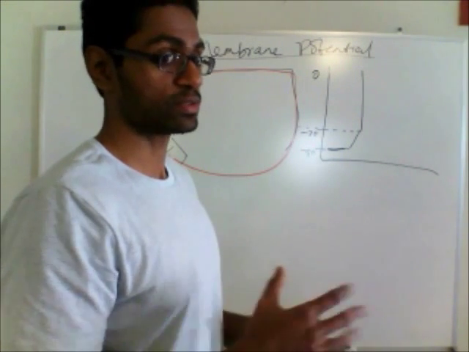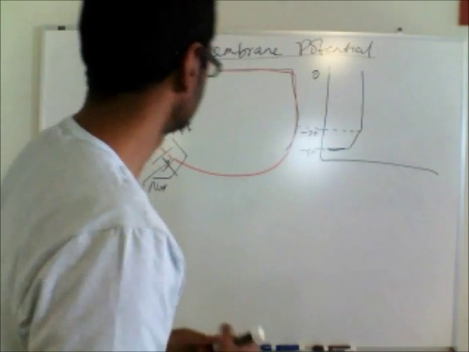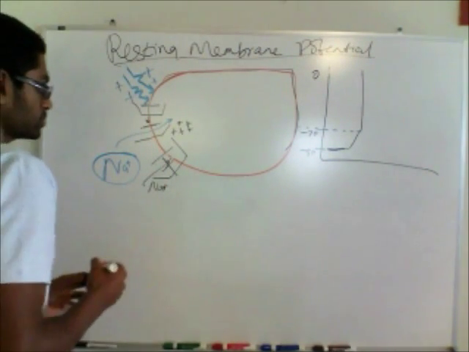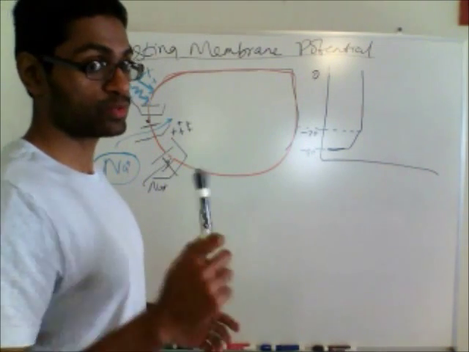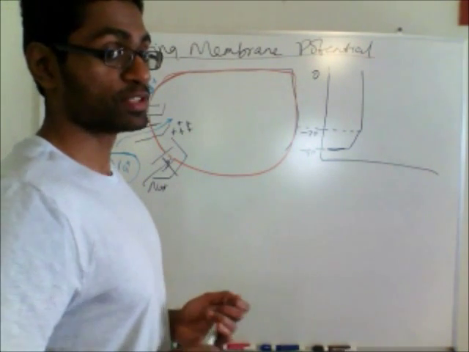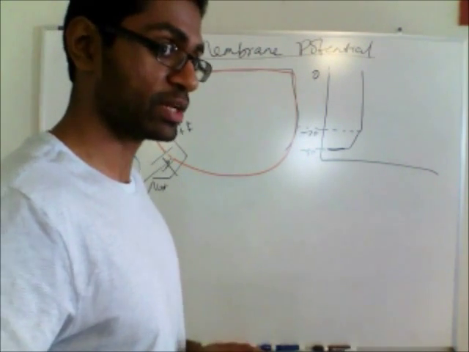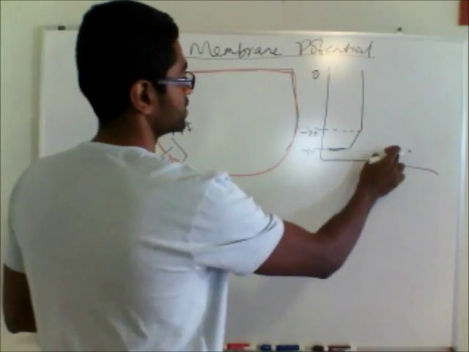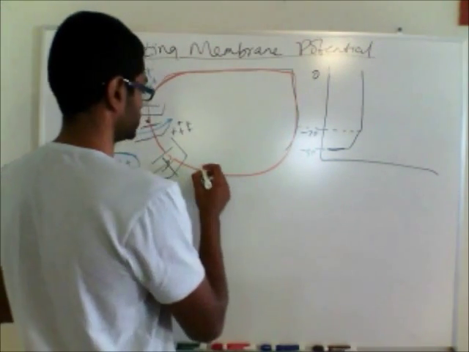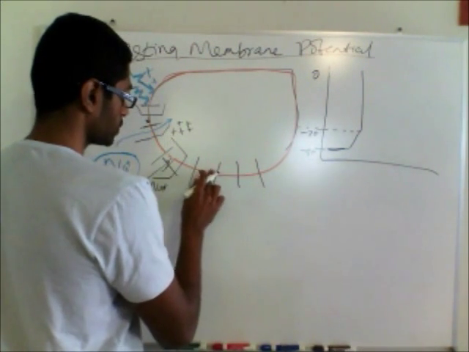Actually, there are two channels that open up. What would you guys guess? Okay, two channels. They're called voltage-gated calcium channels and voltage-gated potassium channels, okay? And so what happens is, in order to bring the cell back to its resting membrane potential, these two channels open up.